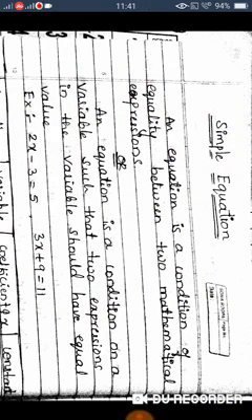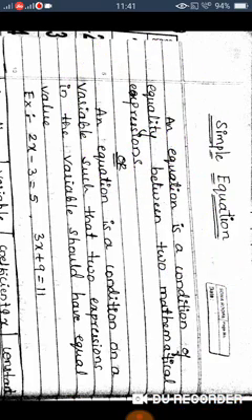This A, B, C, D, A to Z are called variables. A variable is nothing but something that may vary, because vary means it may change according to the rule.